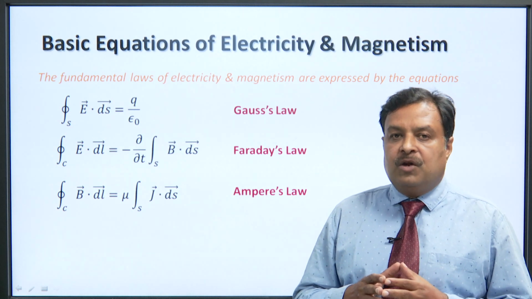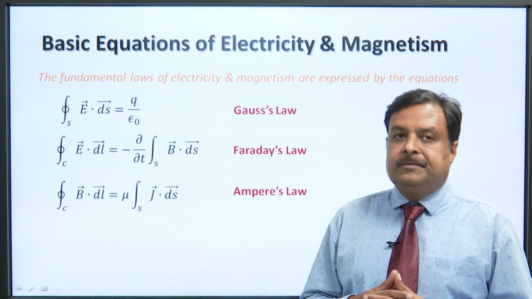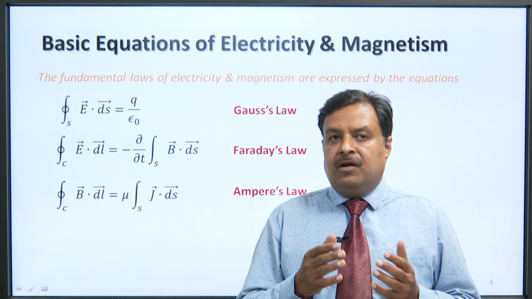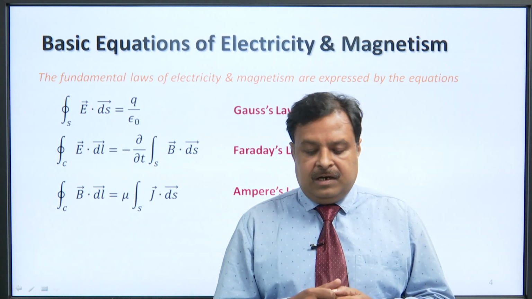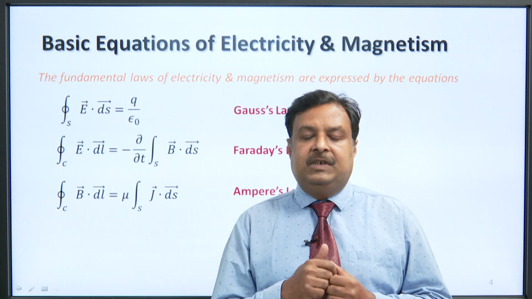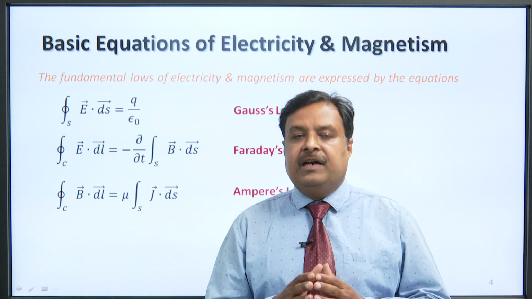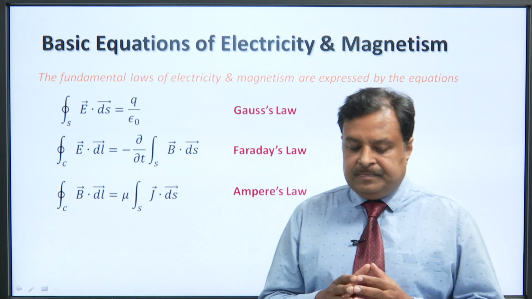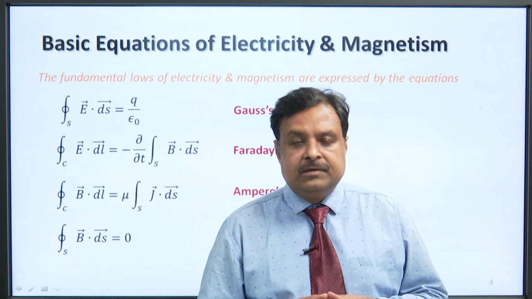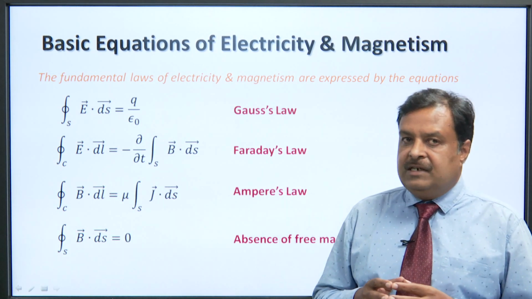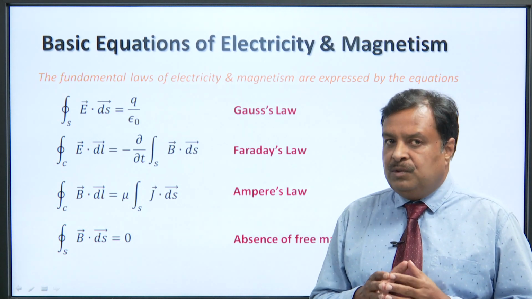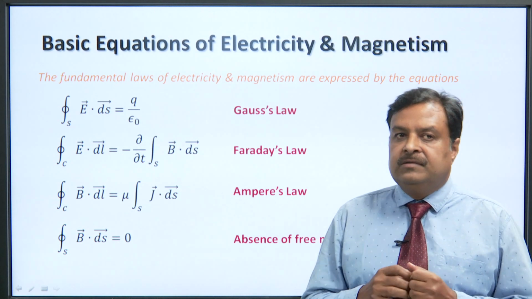This is Ampere's law, and this Ampere's law says that the line integral of magnetic field along a closed path is directly proportional to current enclosed by the closed path, and this equation represents that the magnetic monopoles do not exist in nature.